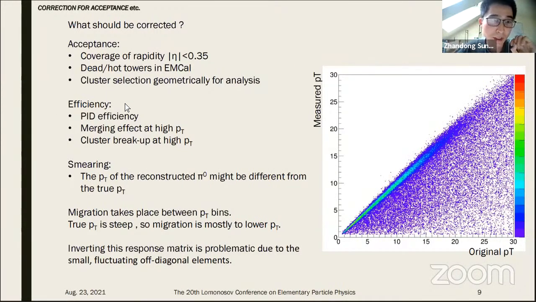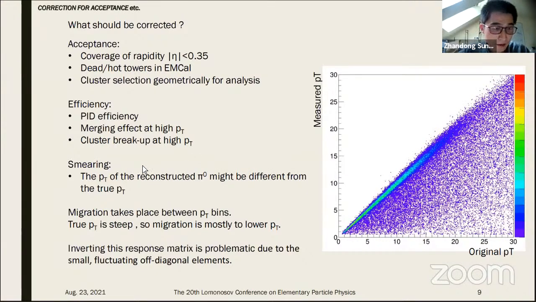This should also be corrected. And efficiency-wise, we have particle identification efficiency, and at high pT, especially in pi0 decay, we have merging effect and cluster breakup. We should also count them in.